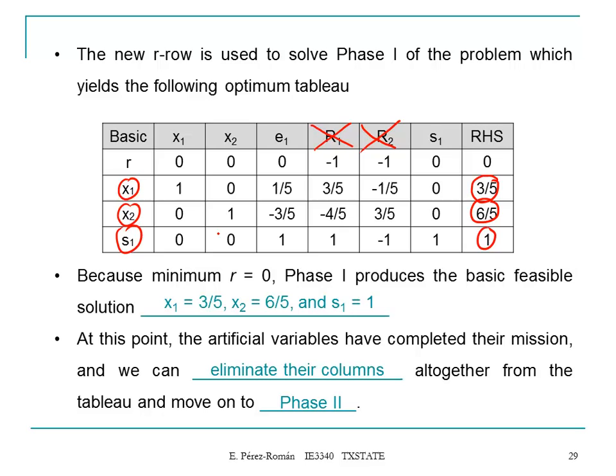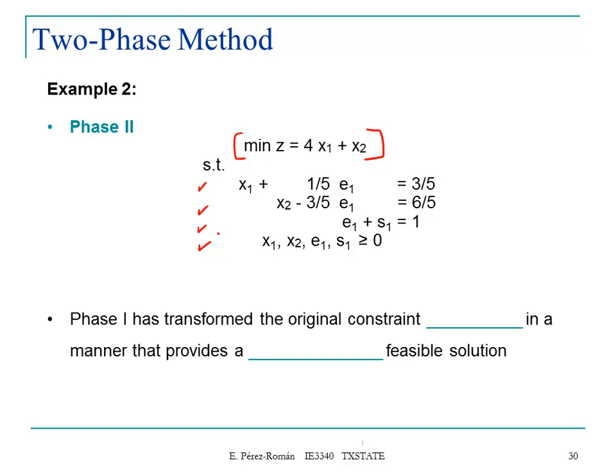So the coefficients of the variables for each constraint are going to come from the optimal tableau of phase 1. So for instance, our first constraint is going to have x1 plus 1 over 5 e1 equals 3 over 5. Okay? And the same thing you do for the second constraint and the third constraint.